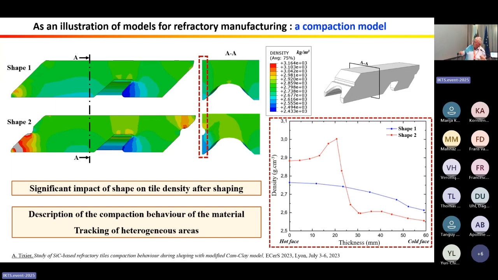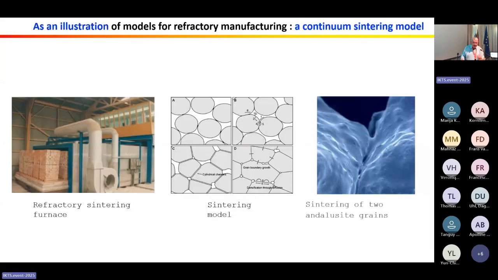And we observe, especially for the shape 2, that we have a great variation. So we are able to describe the compaction behavior of the material, track heterogeneous areas, and optimize the homogeneity of the density.